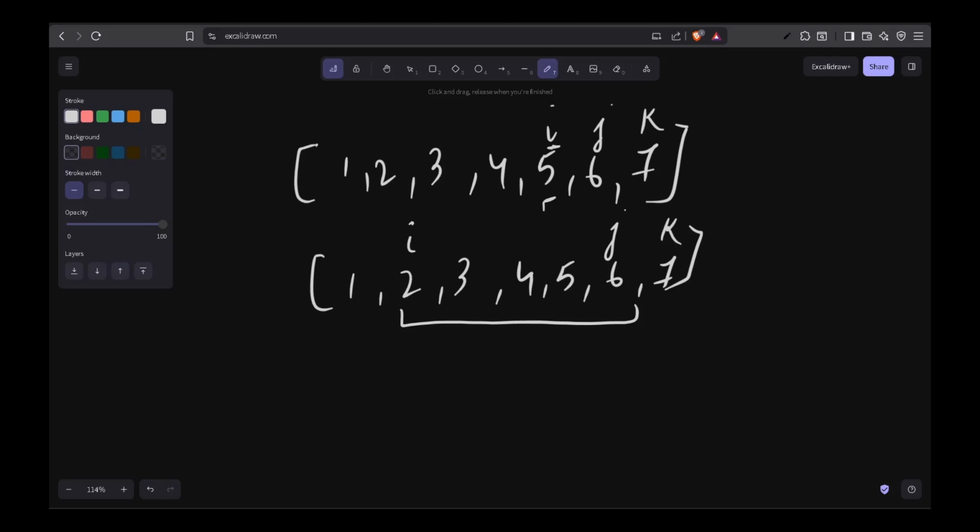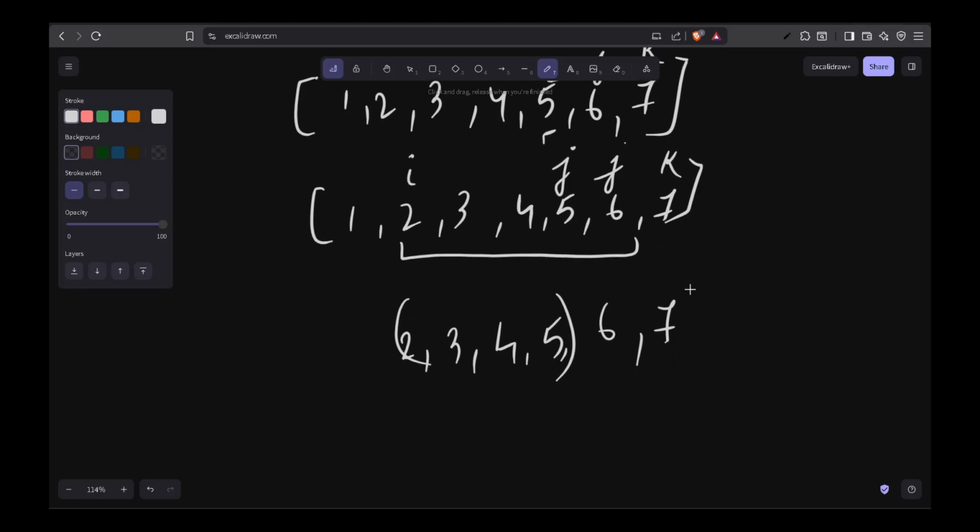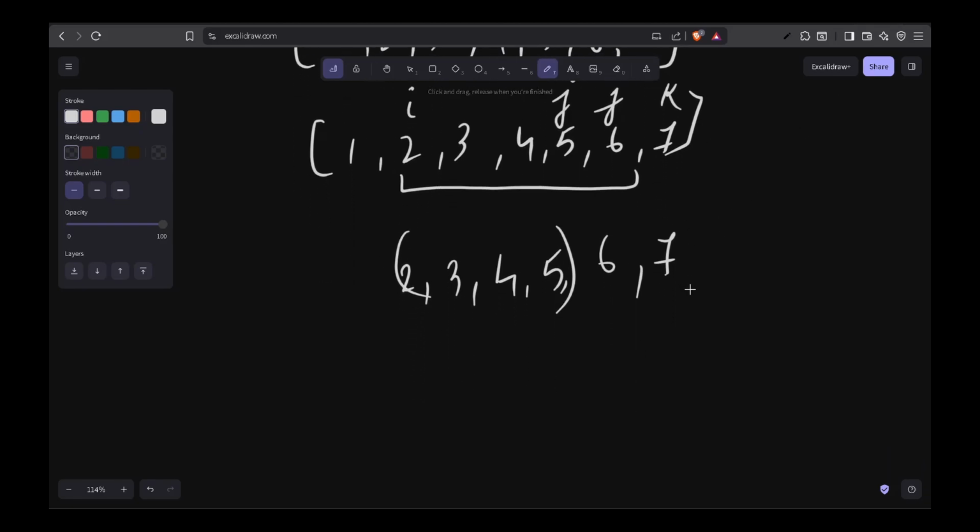So what we do, instead of moving i, we now move j backward. I think logically this also makes sense because we have used every possible number 2, 3, 4, 5 in combination with 6 and 7, right? So the next logical thing that can form a combination is i is at 2, right?